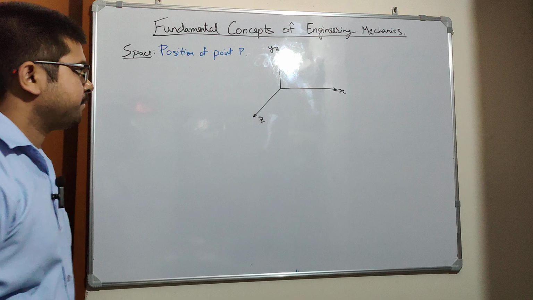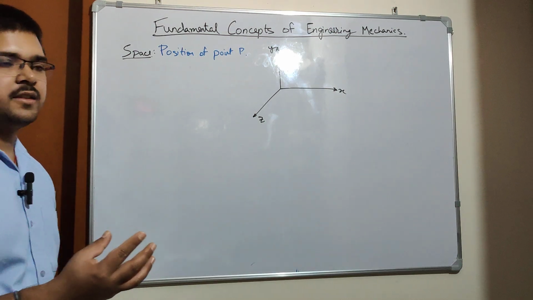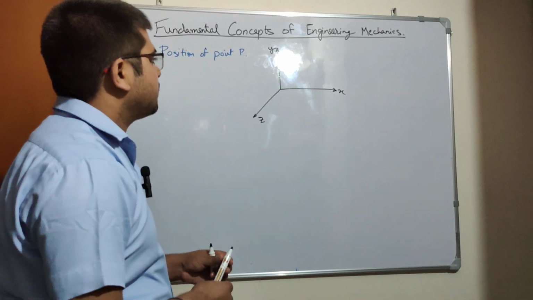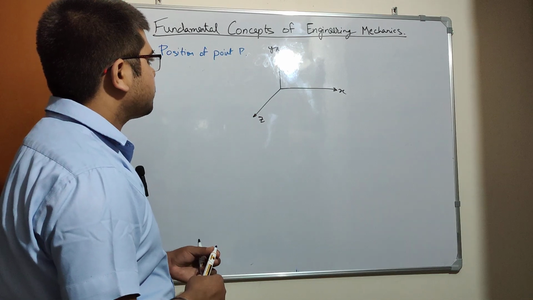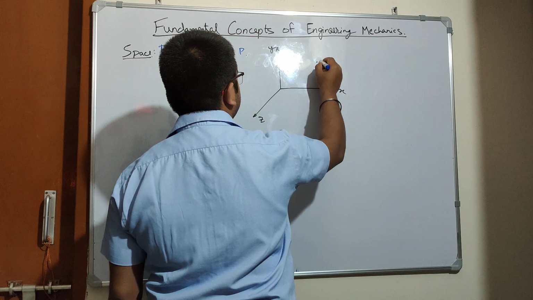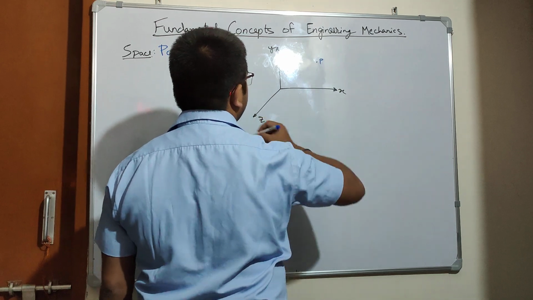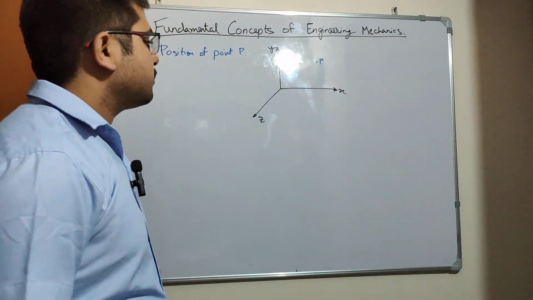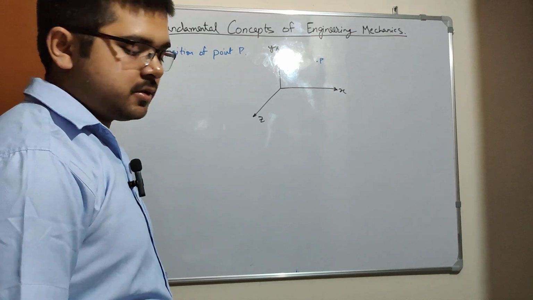So wherever the point lies in space, that is called the position of point P. Suppose this is the point P. So this is lying in a space. So that is called a space.